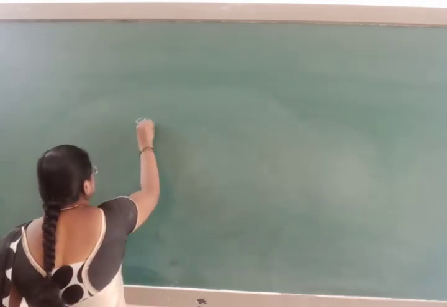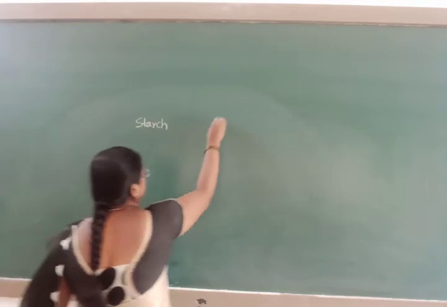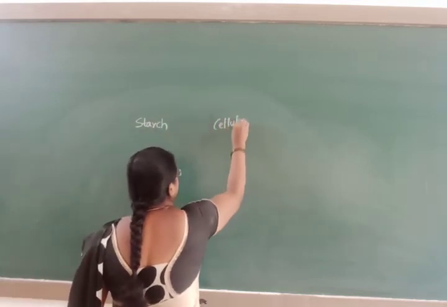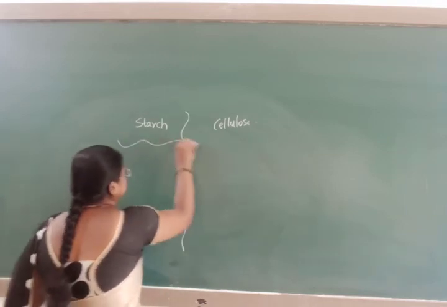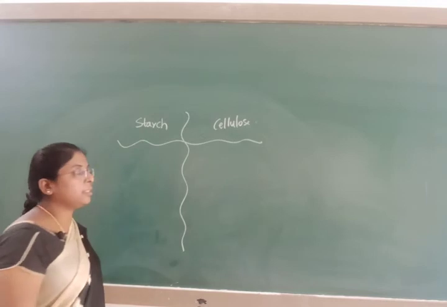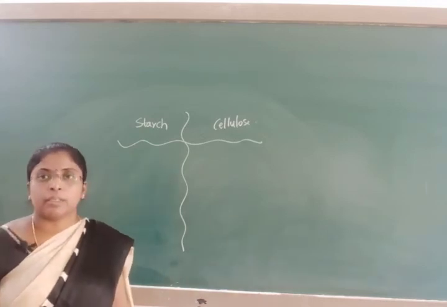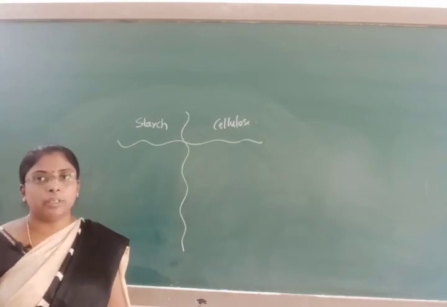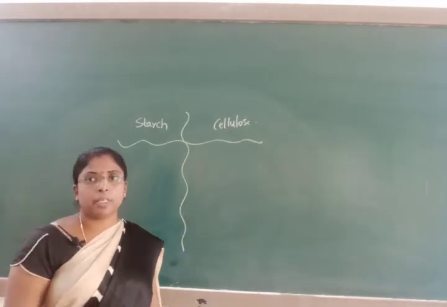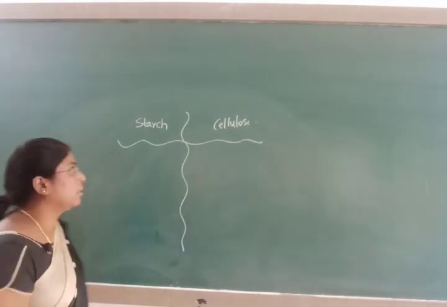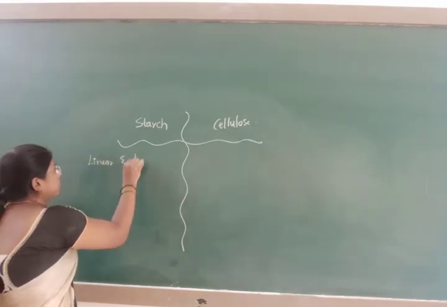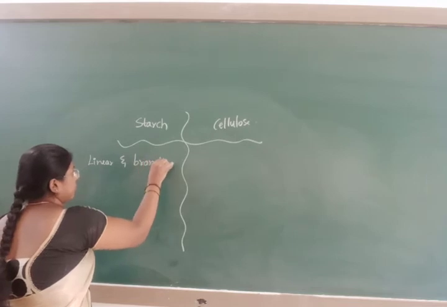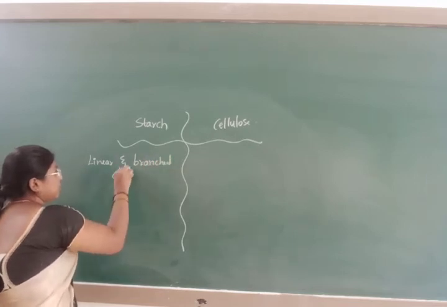Any differences? Either maybe starch or cellulose. If we see the structural difference, starch is made up of linear as well as branched chain polymer.